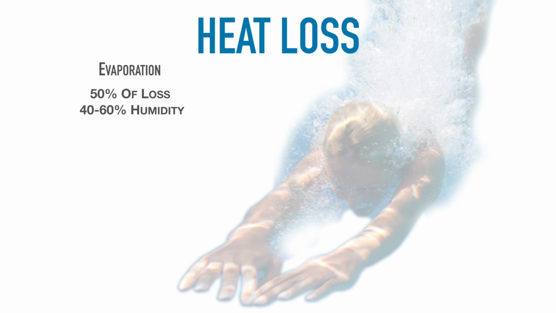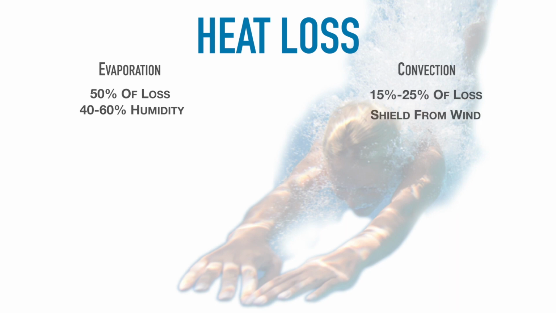Now, it's good to remember that if you keep your air humidity between 40 and 60%, you're going to lower that evaporative heat loss. But unfortunately, if you're outdoors and you're in a really dry climate like here in Colorado, you're only going to see about 13 to 25% humidity on certain days. And so as a result, that evaporative heat loss is just going to kind of come with the territory.